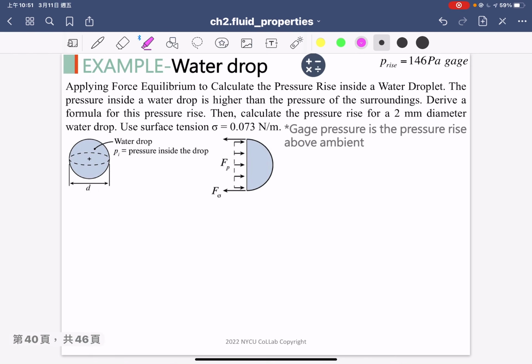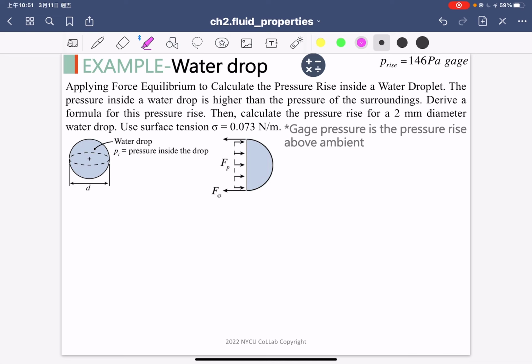Now for the bubble question: why can water form bubbles? We require pressure inside the bubble higher than the ambient pressure, and then the bubble can keep a spherical shape. If the pressure inside the bubble is not larger than the ambient pressure, the bubble will break.